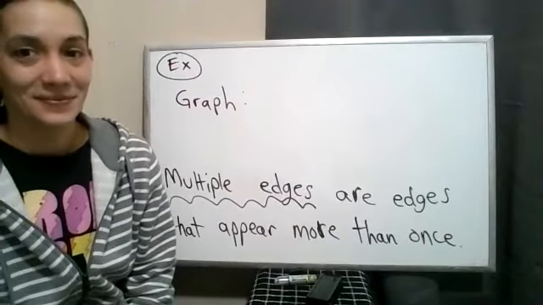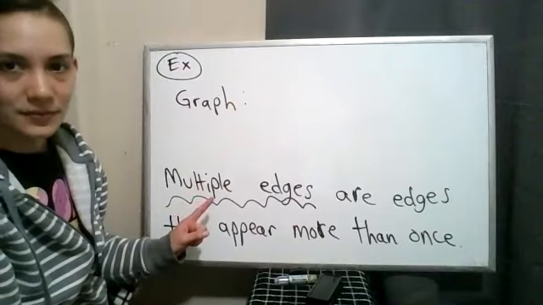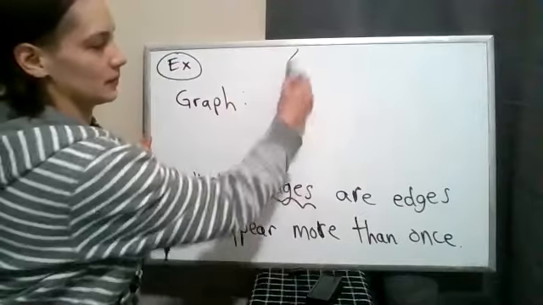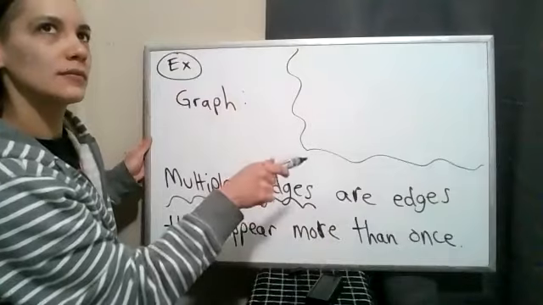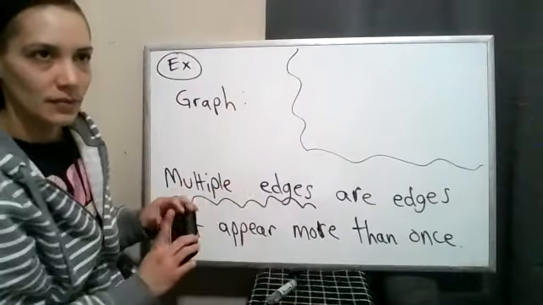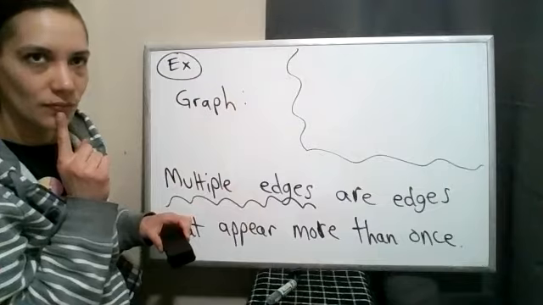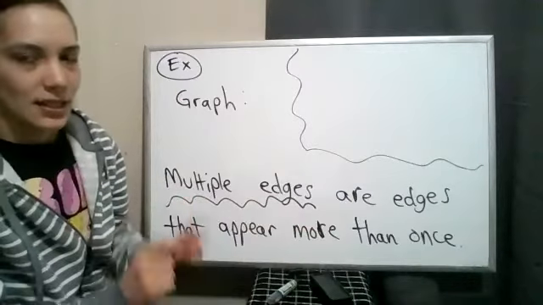Professor, for an example of a loop, would a loop be considered to have multiple edges because the vertex in this loop is seen 2 times? Would that be considered a multiple edge? Not quite.